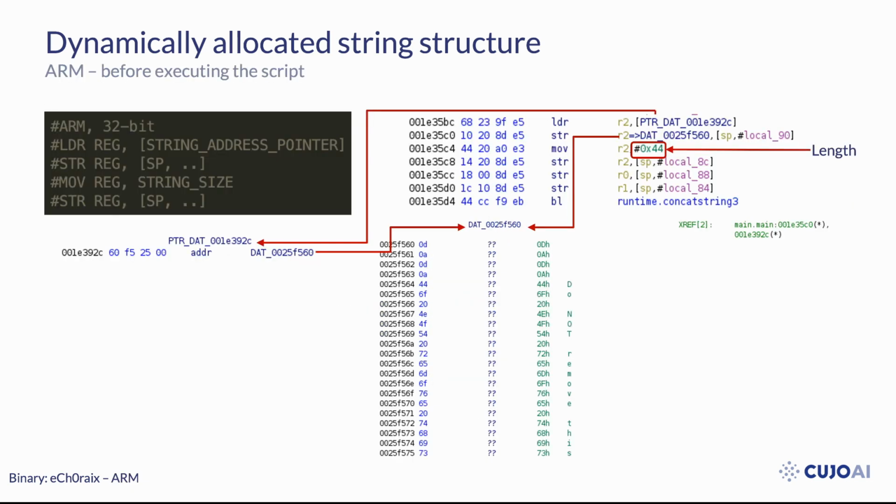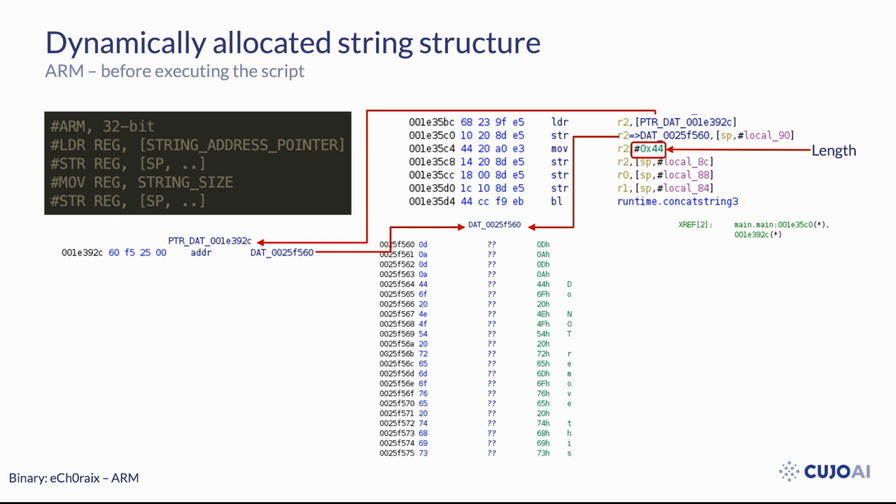So this is very similar for other architectures. Let's take a quick look at the ARM 32-bit architecture. Before we execute the script, this is how it looks. The difference is that it is not directly the address of the string that is placed to the register.